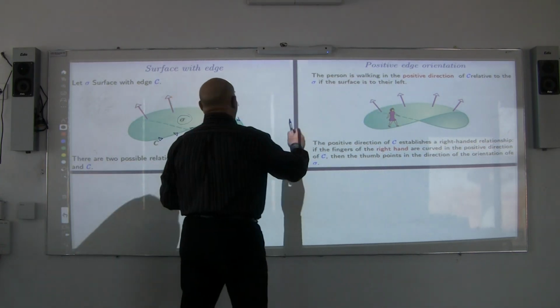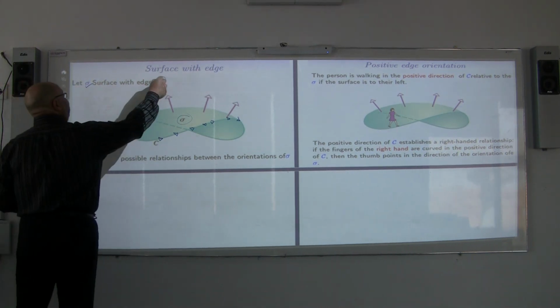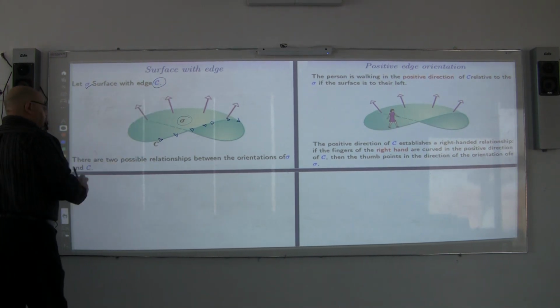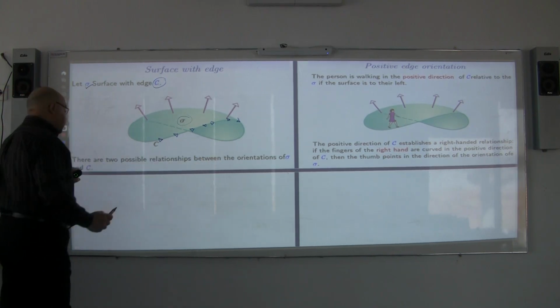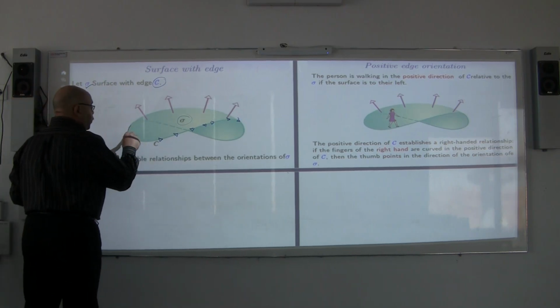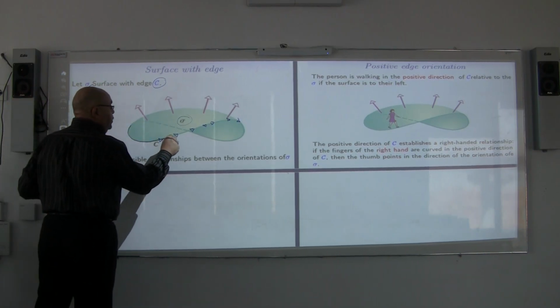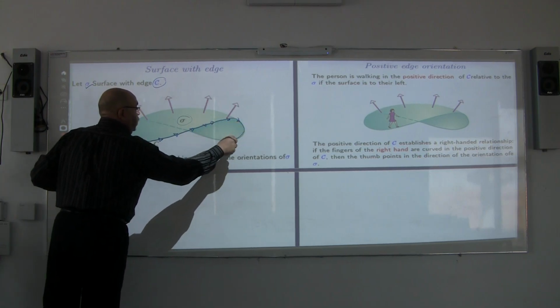Once more, sigma is the surface, and C is the edge or the boundary. There are two possible relationships between the orientation of sigma and the contour, which is the curve C. Here we go, that's the contour, the boundary. I'm moving on the boundary.